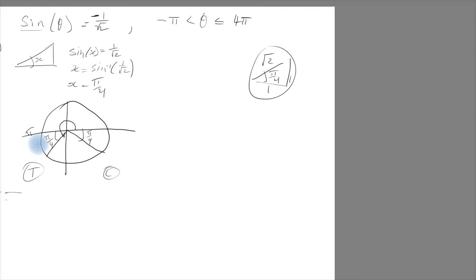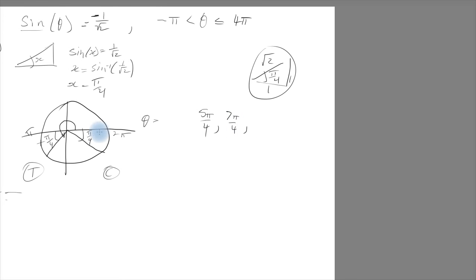So our first answer, theta equals 5 pi on 4. Our second one is this one here, which is 2 pi minus pi on 4. So that is 7 pi on 4.